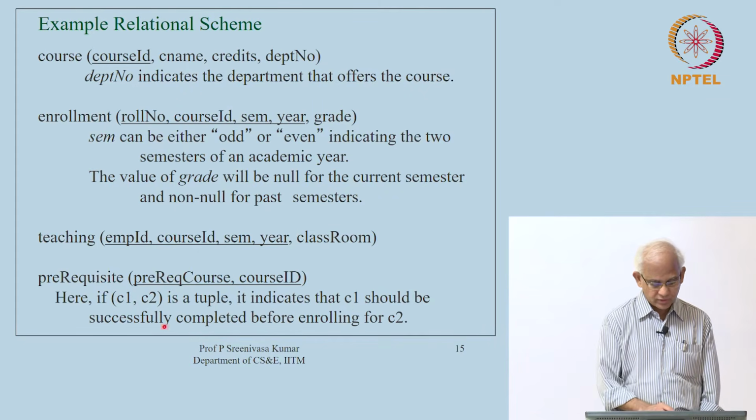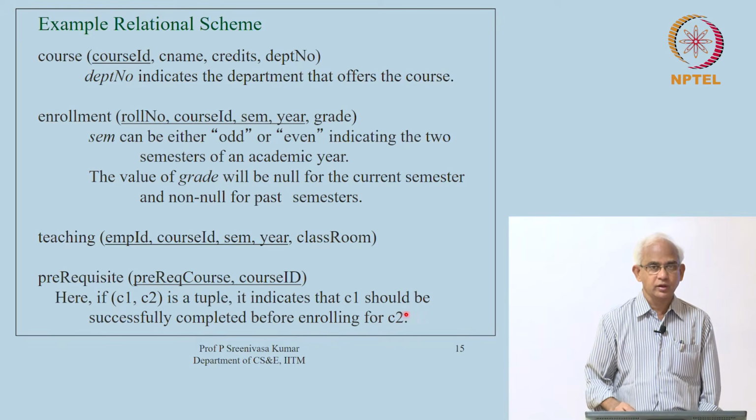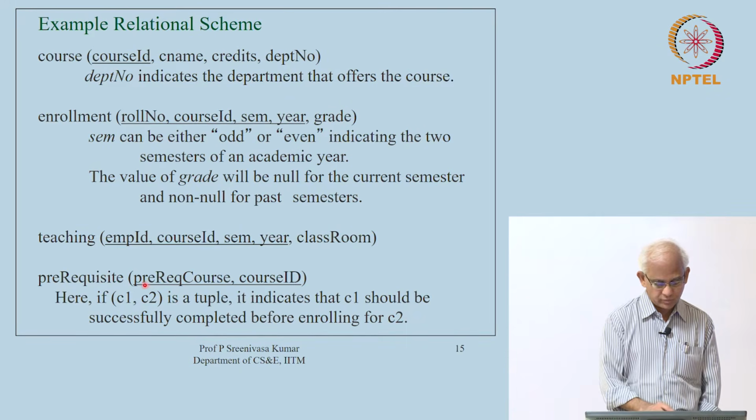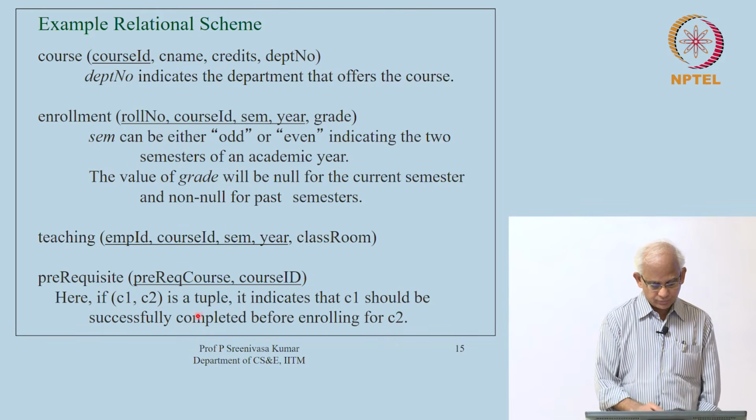C1 should be successfully completed before enrolling for C2. So, that is the meaning of a prerequisite course. So, for example, data structures is the prerequisite for database systems course. So, you should have completed data structures before you take database systems course. So, there will be a tuple like that here.